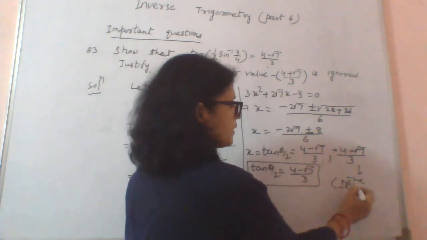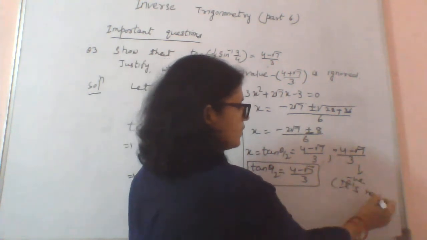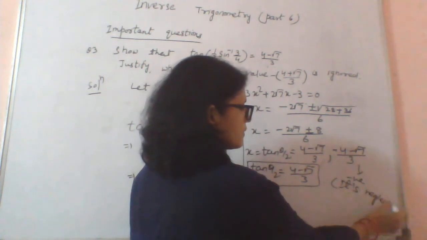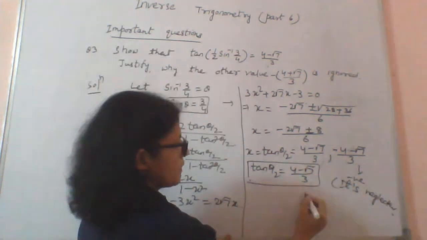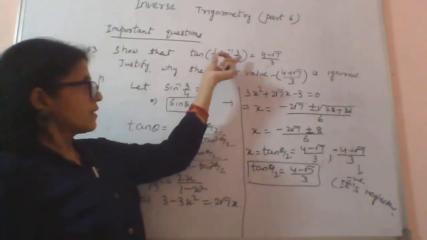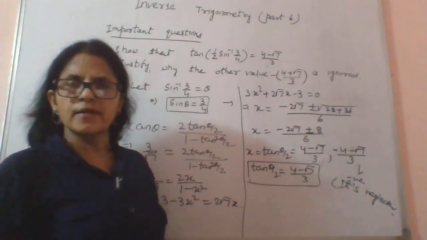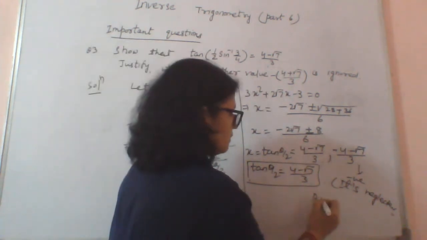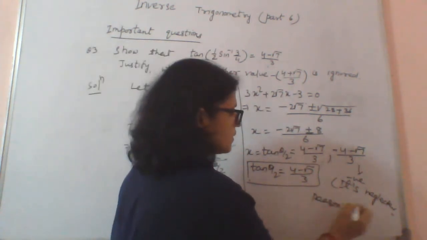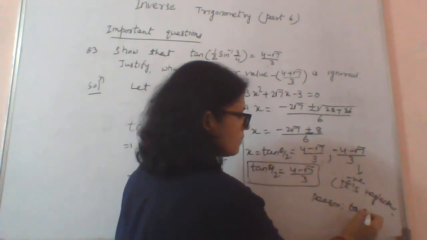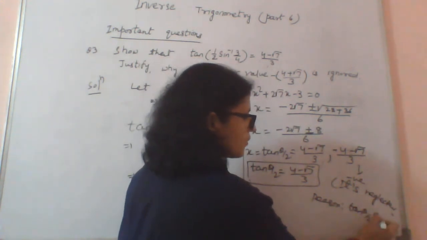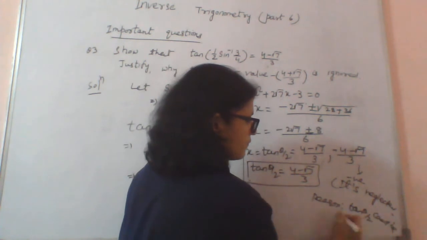Now here it is neglected, ignored, because tan half theta cannot be negative. Okay, the reason is tan theta by 2 cannot be negative.